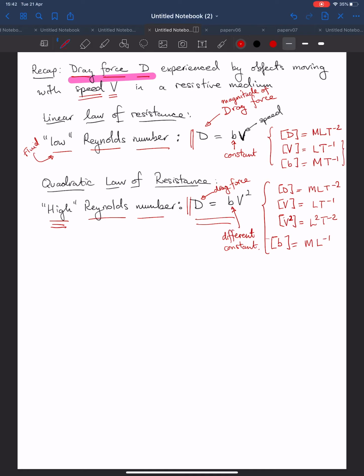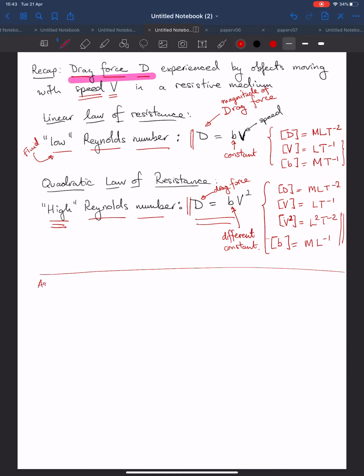So that when we multiply these two together, you'll see that the units of the magnitude of the drag force are recovered when we multiply v squared by B.